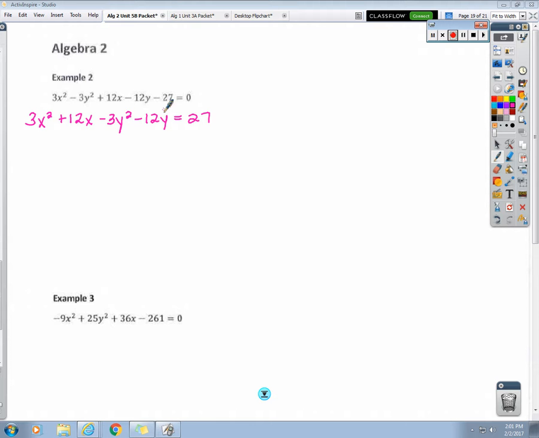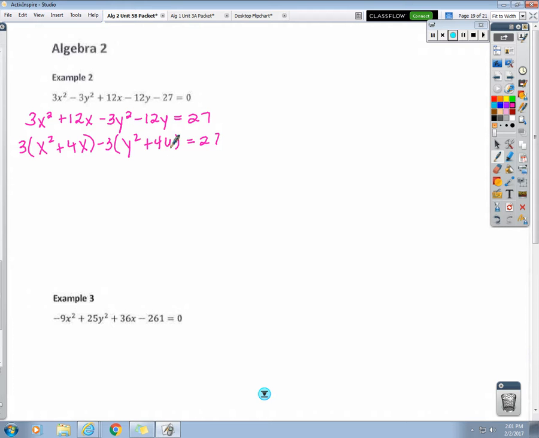Now look, after this you factor out the term on the x squared and you factor out this term on the y squared. Okay, when you factor out a 3 from 3x squared plus 12x, what's left? Correct. And when you factor out a negative 3 from negative 3y squared minus 12y, what's left?